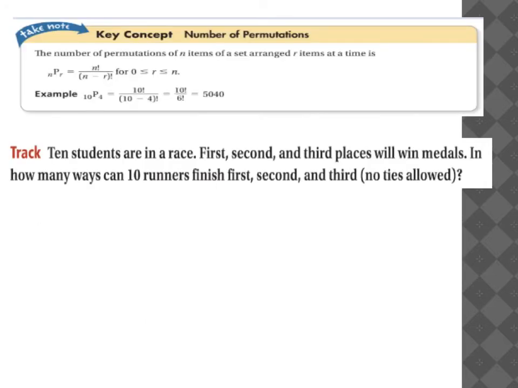We have a shortcut if you wish to do this when we're dealing with factorial, so you can do it on your calculator. Again, order matters here because we have first, second, and third place, and we have a total of 10 people. So you could do 10 times 9 times 8. However, sometimes that's going to be a larger number, and it's harder to figure out. So how we represent this is a big P, because it's permutation because order matters.